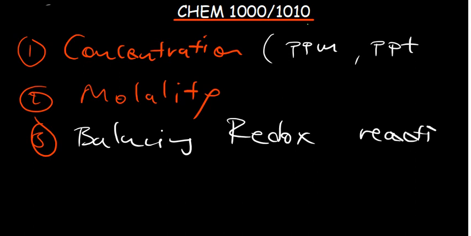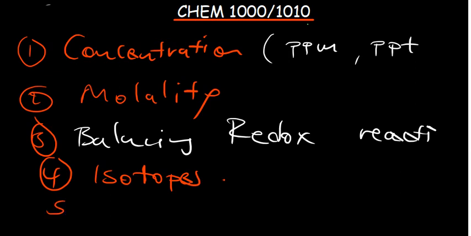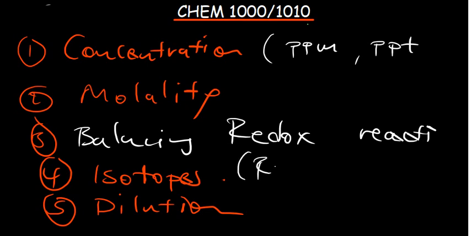Looking at isotopes, dilution. So under the isotopes, we need to understand basically how we determine what we call the relative atomic mass, right? What else do we need to look at apart from that?